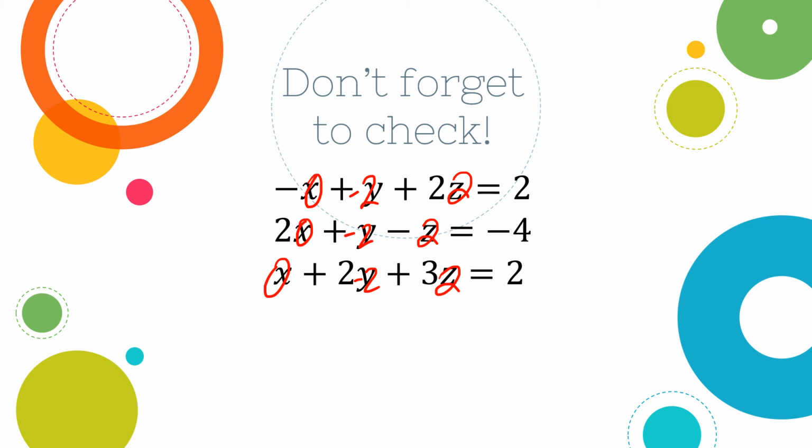So here we have 0 minus 2 plus 4 equals 2. Yep, that's true. Here I'd have 0 minus 2 minus 2 equals negative 4. Yep. And here I'd have 0 minus 4 plus 6 equals 2. Yes, that's true. So I just substituted in the numbers, made sure that it actually equaled what it says.